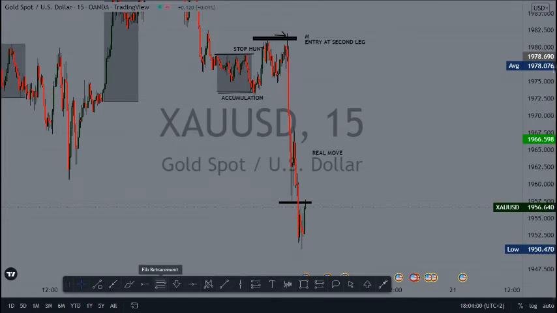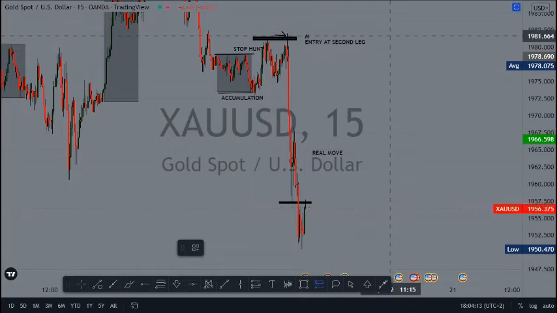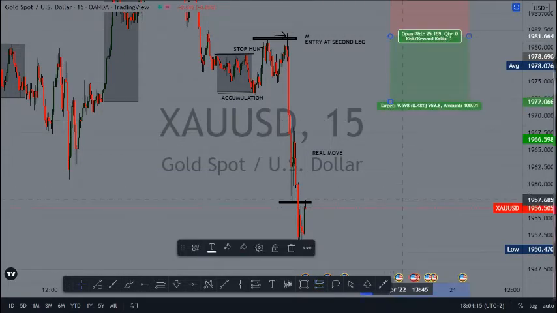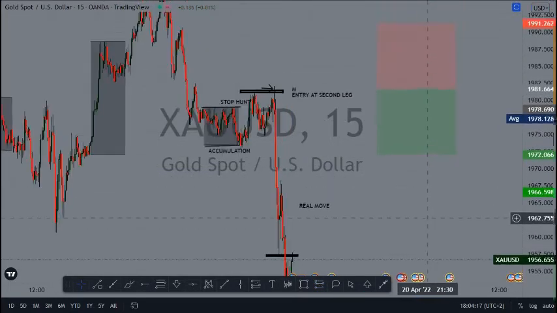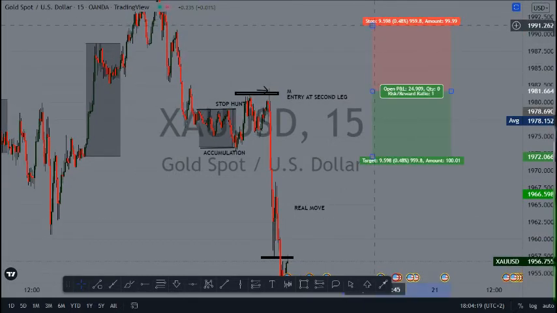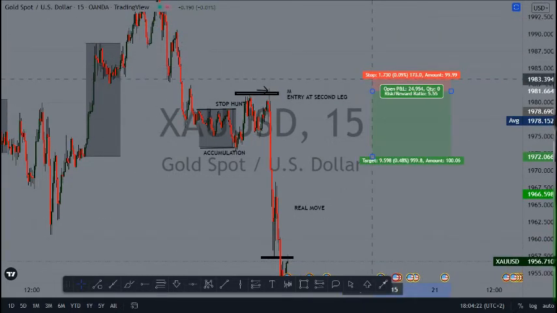So for this trade, you could have taken a position right here. This could have been your entry right there, and you're going to risk a small percentage of your account.